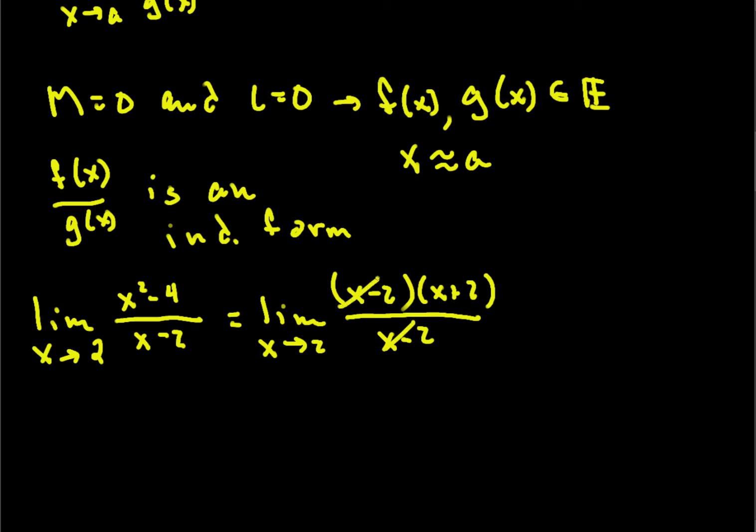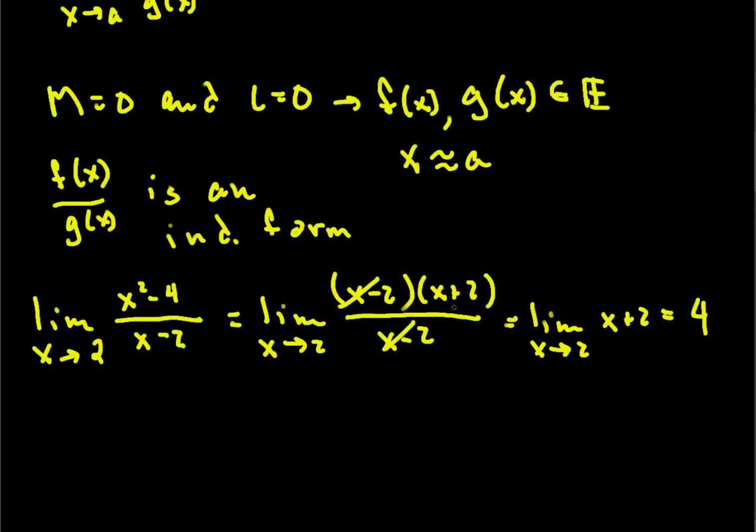These cancel, and so this is the limit as x approaches 2 of just simply x plus 2, which is a continuous function, and so this limit is 4. That's kind of the algebra that we would work with when we had indeterminate forms, or we could have factored out largest powers. In this case, it was nice because we got canceling. But nonetheless, we had to do some kind of algebra.